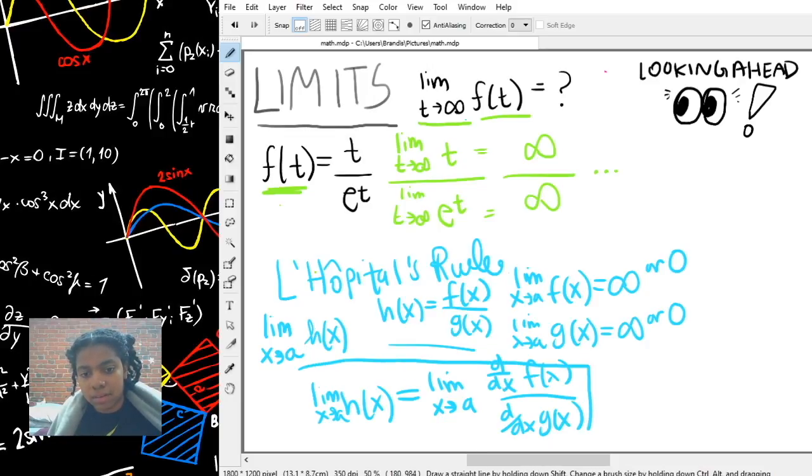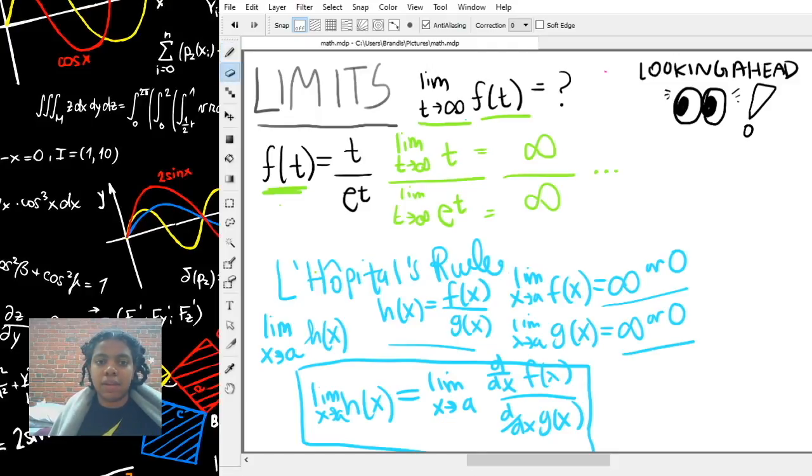That's basically it, if these both go to infinity or 0. I don't know if that made sense, but I hope it did. But you'll learn it later in the year anyway.